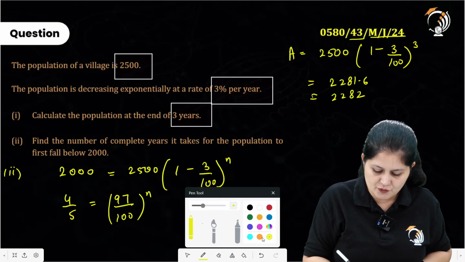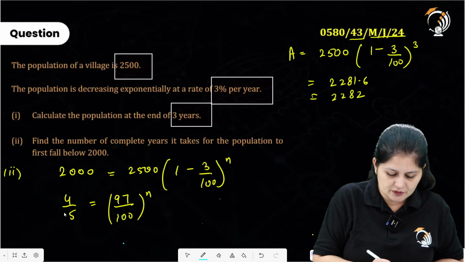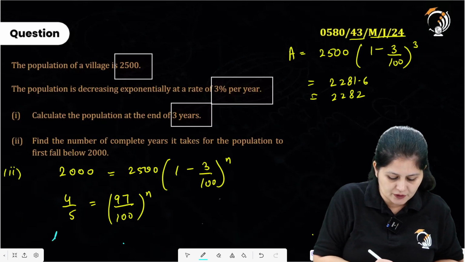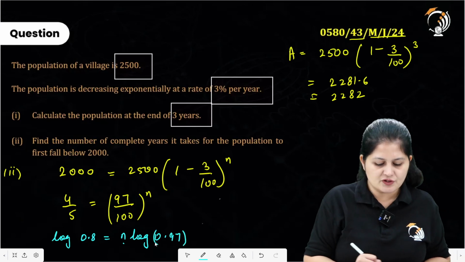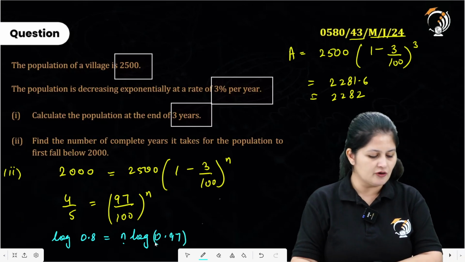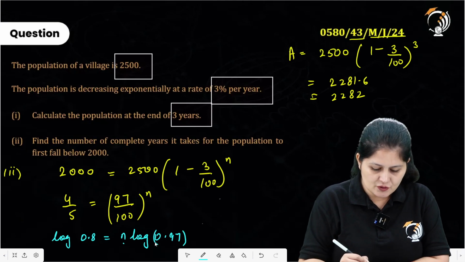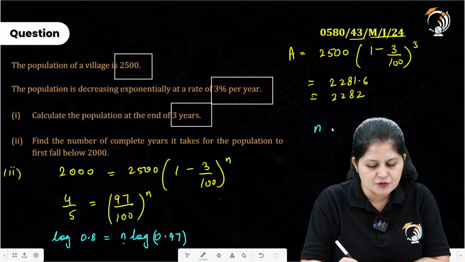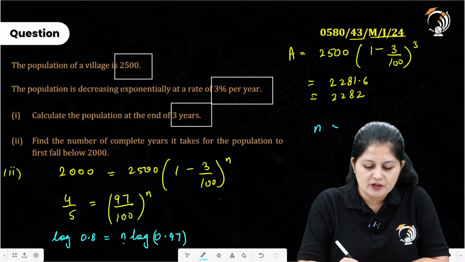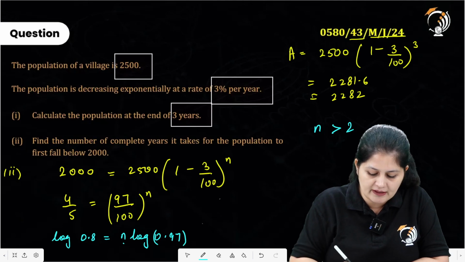Yes, so again we are going to use a log here. If we take log on both sides, it is going to be log 0.8 is equal to n log 0.97. If we find the value of n here, we observe that n is approximately close to 3. So in that case n needs to be greater than 3.